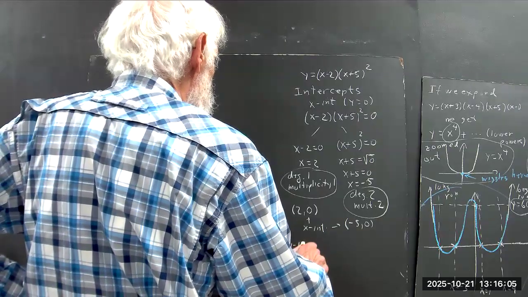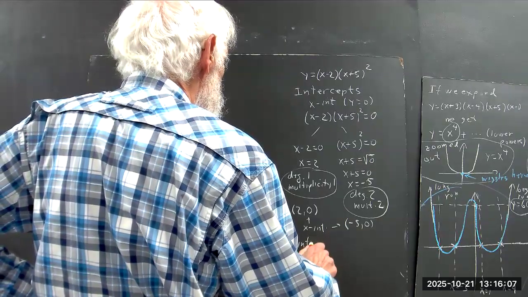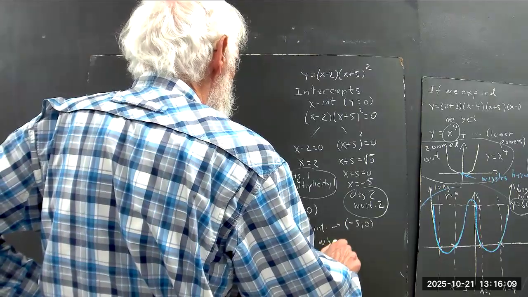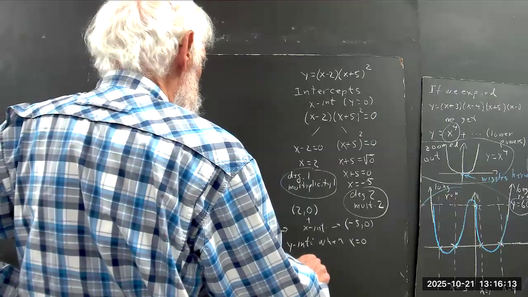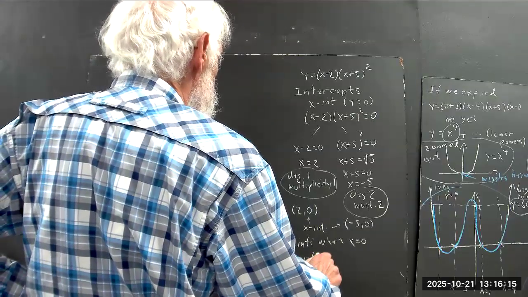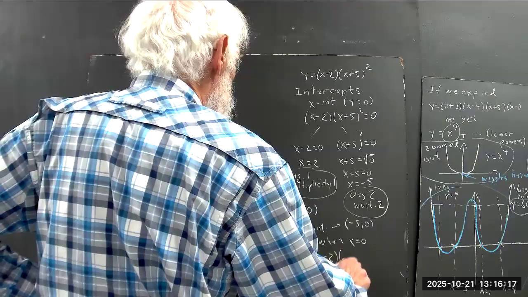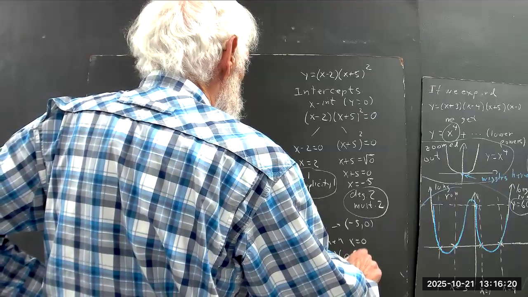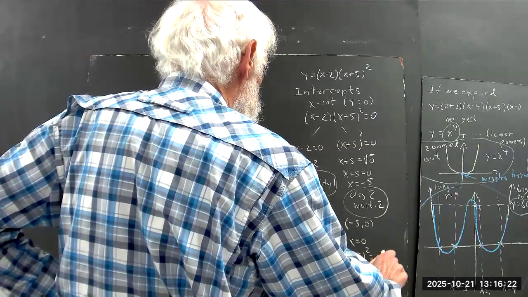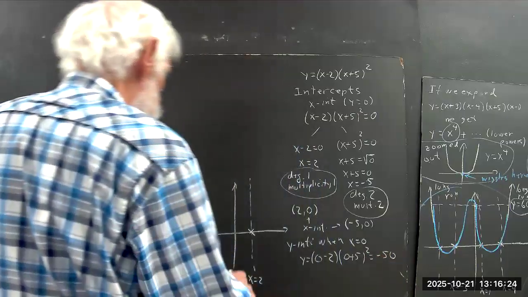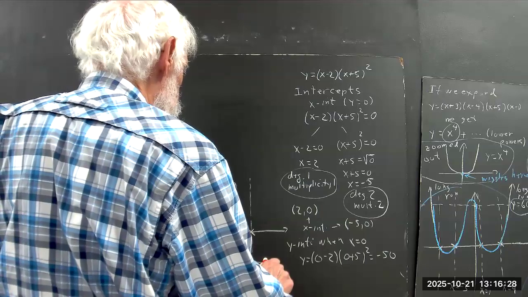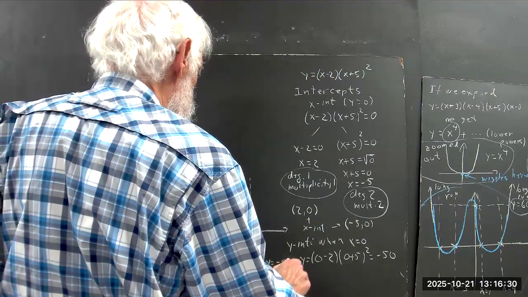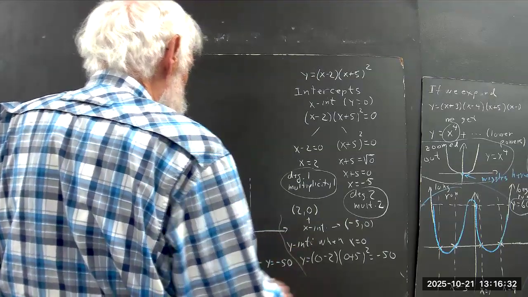Y-intercept. When x equals 0, you get y equals 0 minus 2 times 0 plus 5 squared, which is -50. Okay, well, I should just go ahead and put y equals -50 down here.